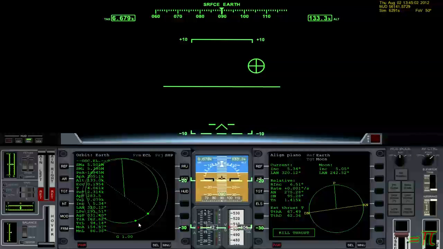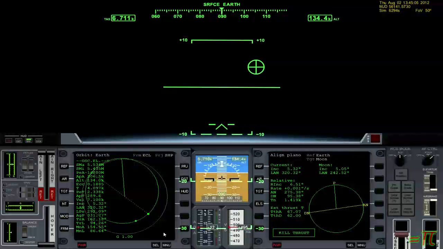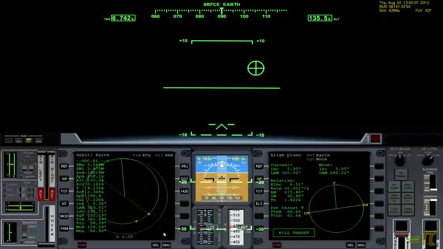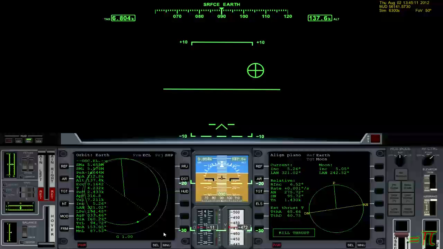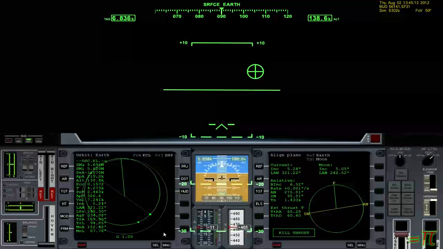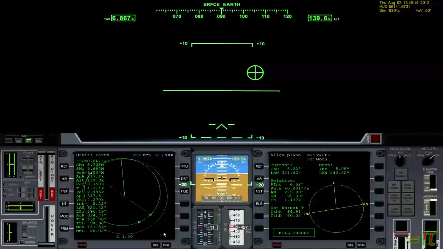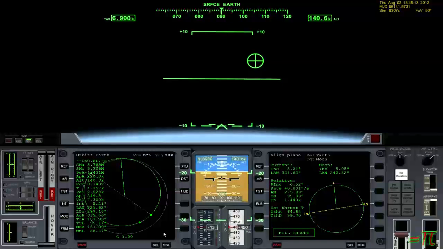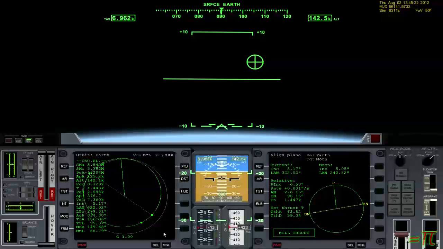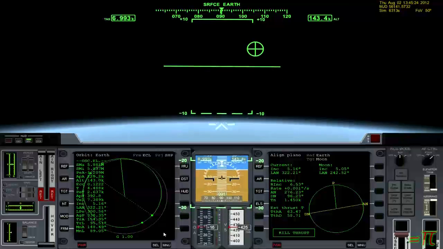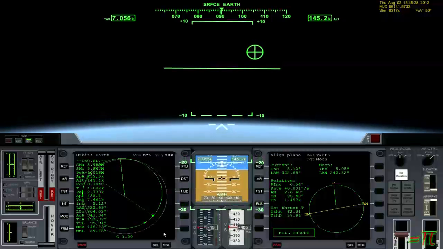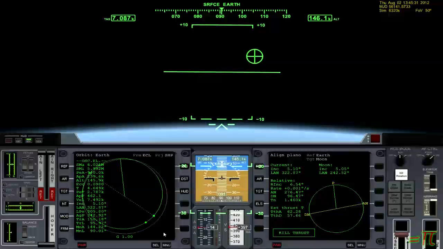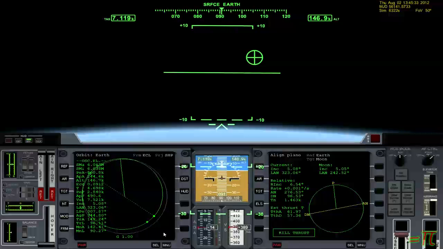Starting to fill out. Our orbit is going to end up being kind of elliptical, but that's okay. I don't expect to remain in orbit very long.